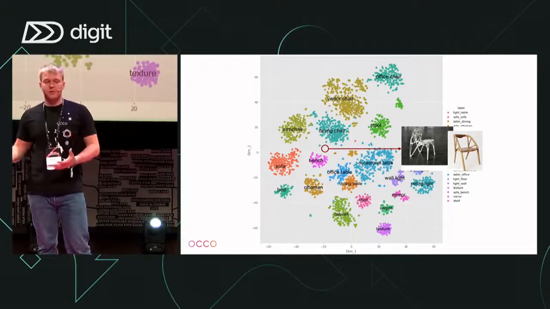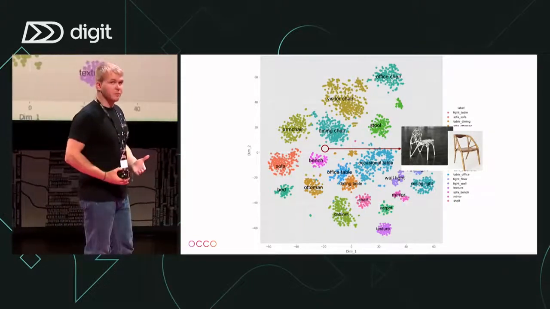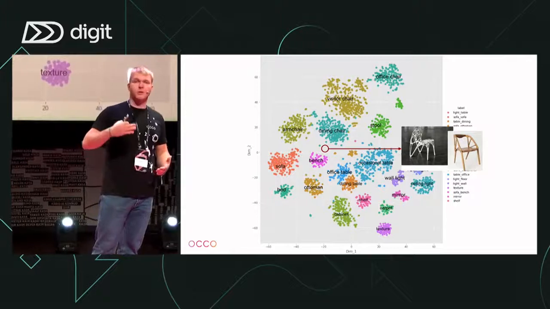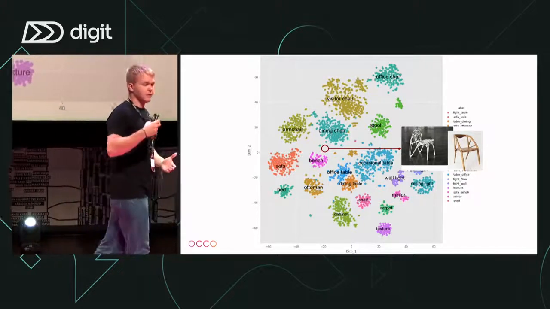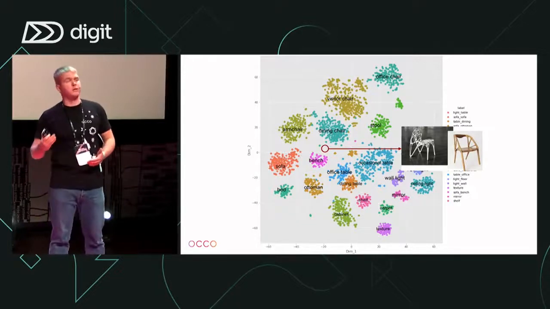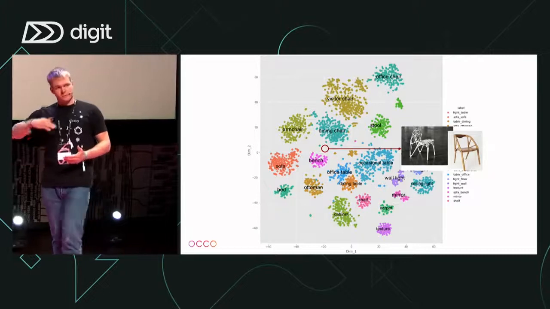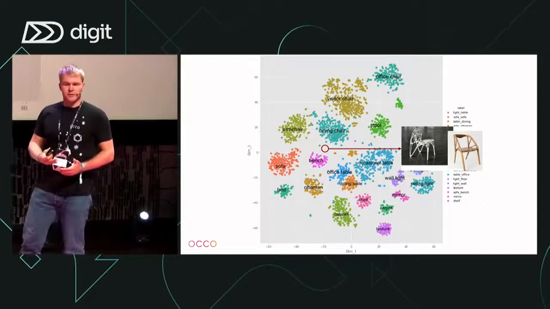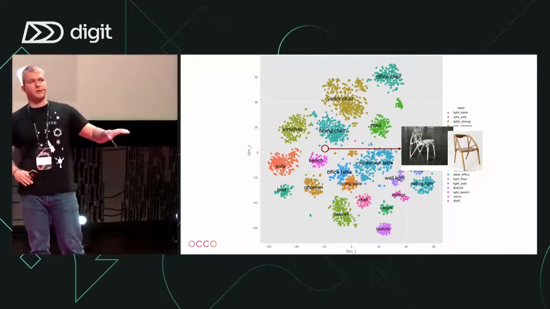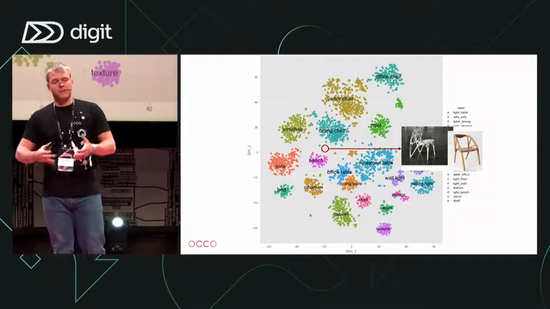It's also interesting what would happen if we took one network that turned images into embeddings and another network that turned words into embeddings, and then we used the network that turns words into embeddings to back generate the images. So we could just write what we want to see.